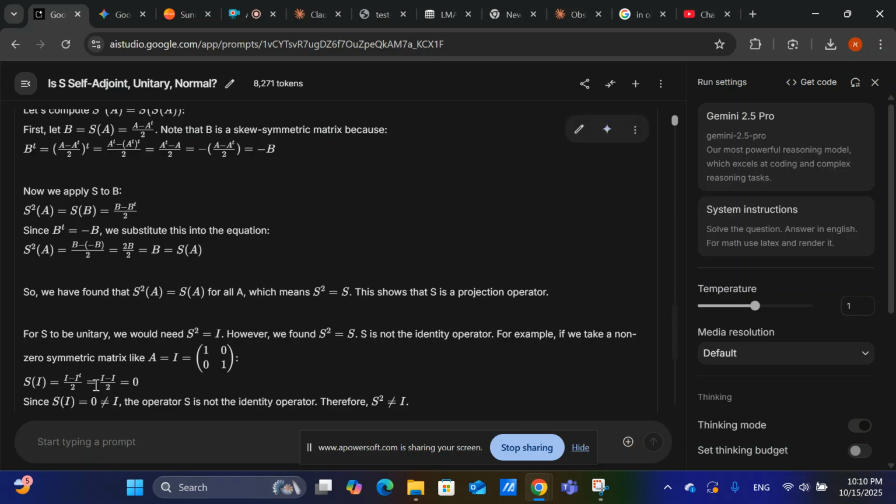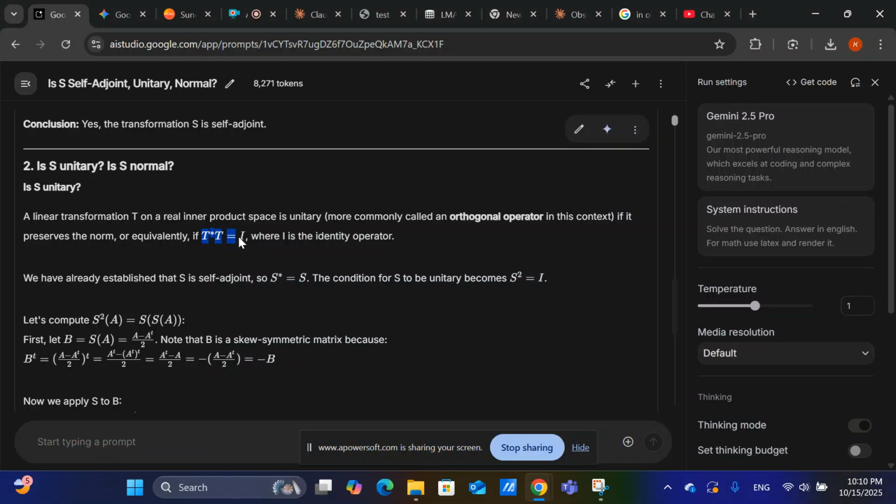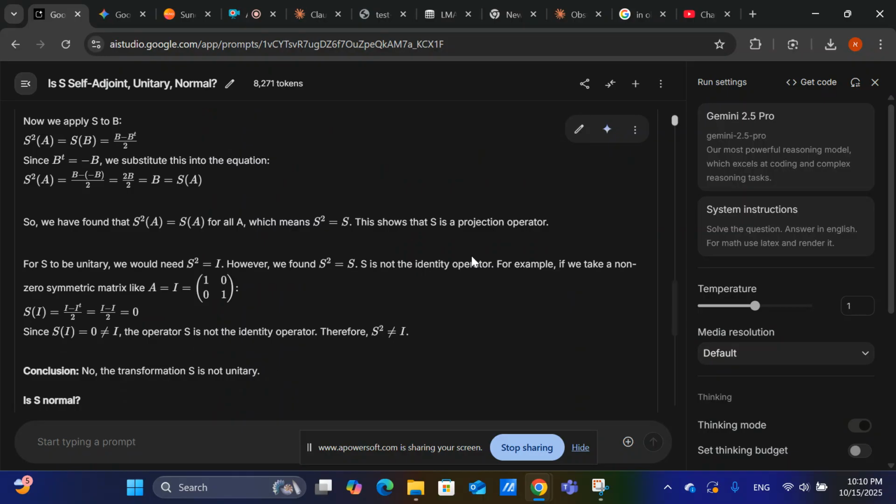You should get the identity, but you get 0. So S is not the identity. Here, we have something other than the identity matrix. So S is not unitary. S squared doesn't equal I. Or more specifically, S adjoint S doesn't equal I. Conclusion: no, S is not unitary.